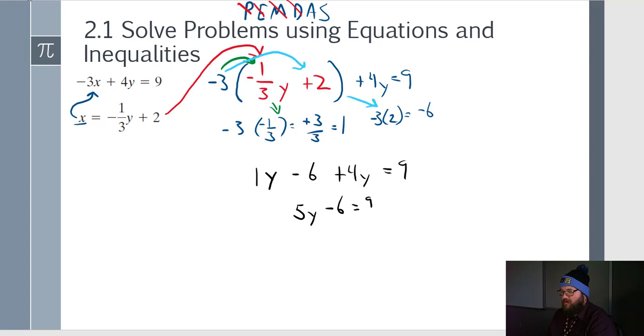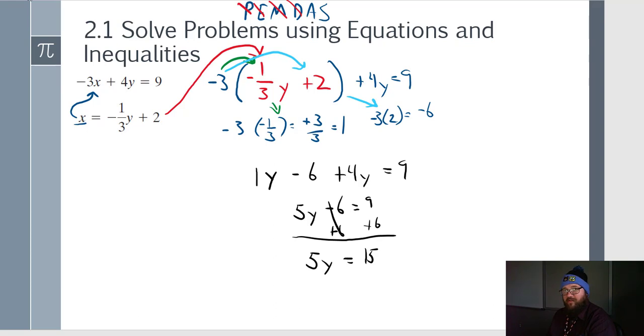So now, let's solve for y. Let's add 6 to both sides. Over here we'd be left with 5y. The 6's will cancel out. 9 plus 6 is 15.